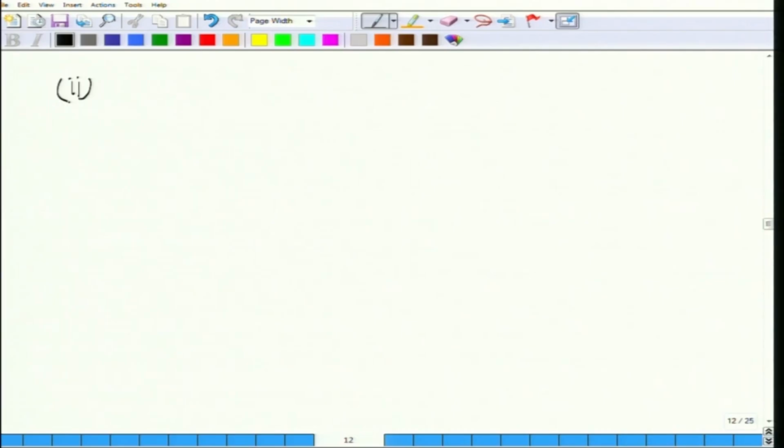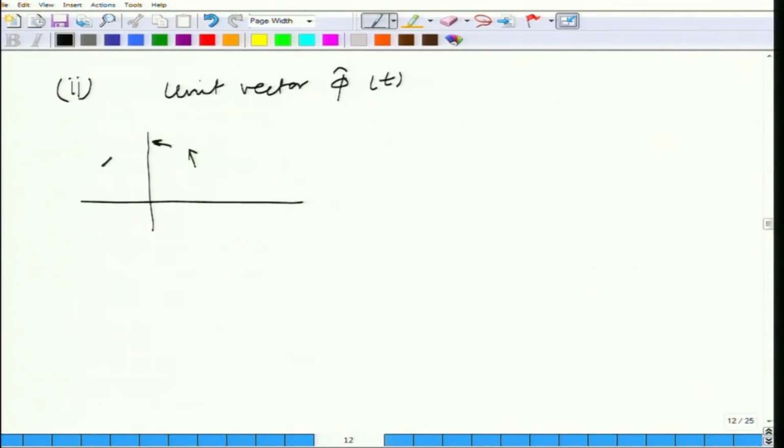Part 2 says find unit vector phi as a function of time. Remember again, as the particle is moving, its phi unit vector keeps on changing with its position, and phi unit vector depends only on phi. So let me write this.